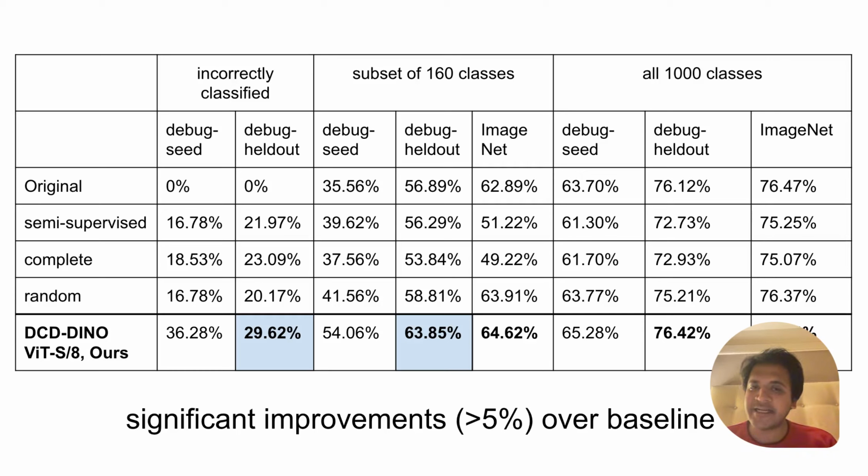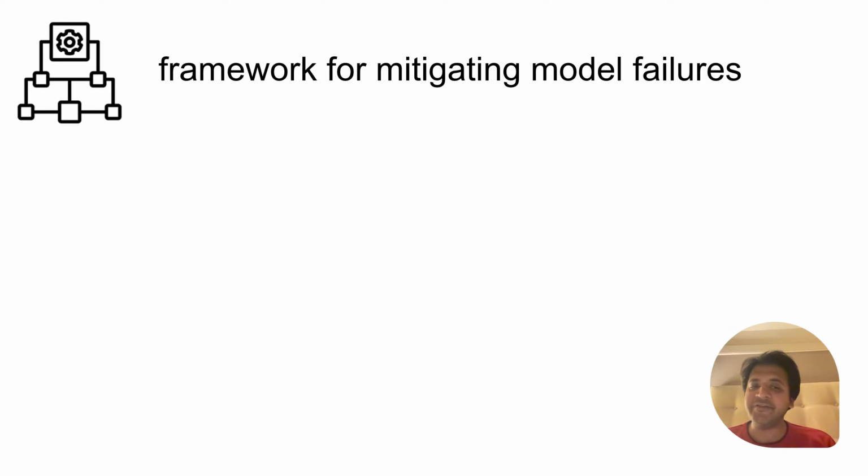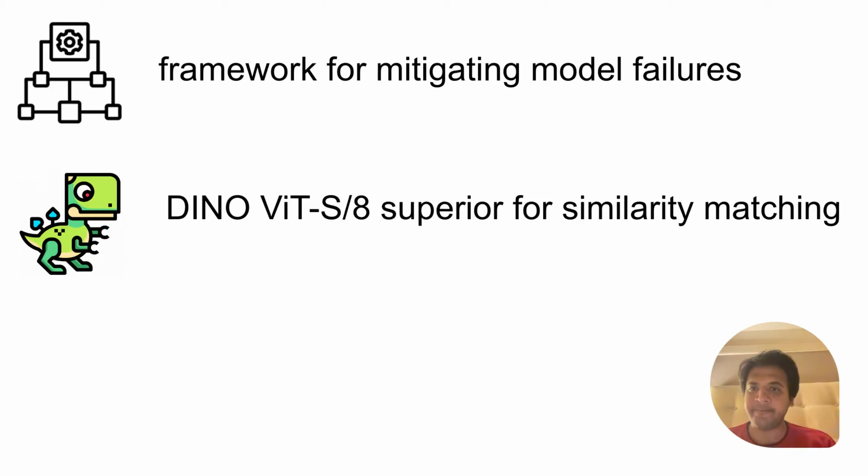On the debug held out set, we observe significant improvements over the baselines, and we observe that the performance on ImageNet is maintained.